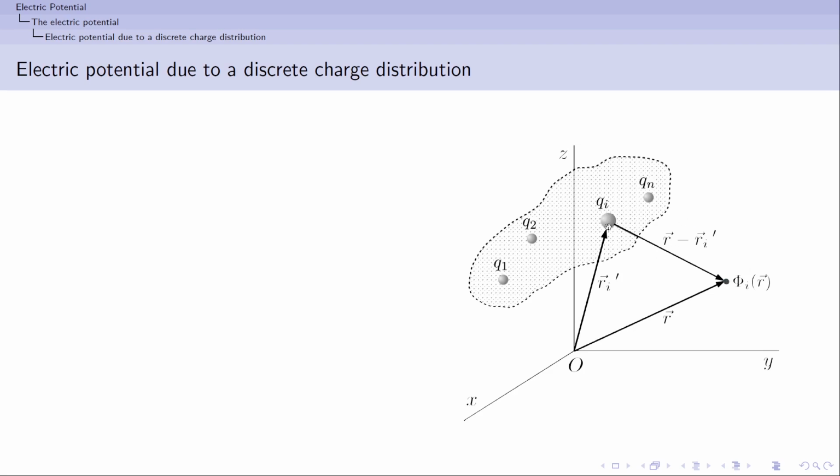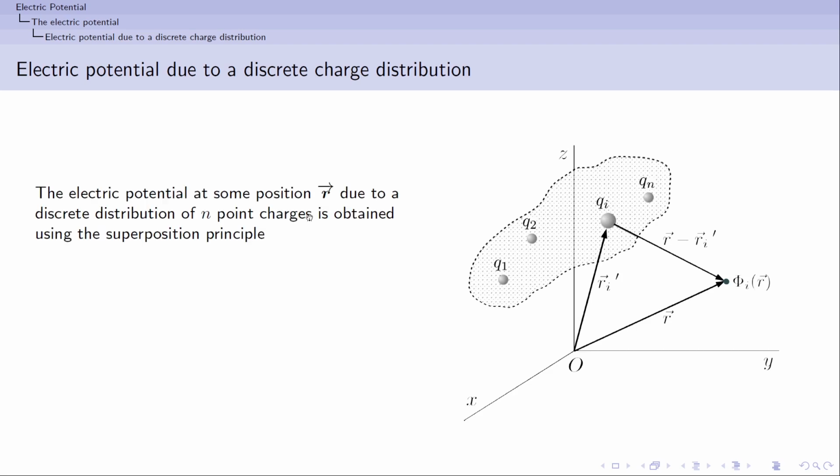Then all I need to do is find the potential due to this source, Qi, at this point, and that electric potential is phi i. Then all you need to do is sum over all the charges in this distribution. So the total potential will be simply the sum of the potentials due to all of these charges. Therefore phi at R will be equal to 1 by 4 pi epsilon naught, summation of Qi divided by the modulus of the separation distance, which is modulus R minus Ri prime.